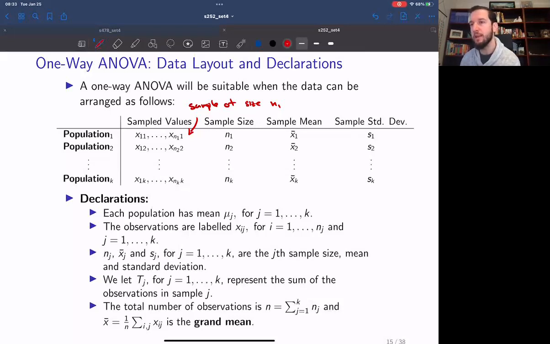Okay. We let capital TJ represent the total for the sample. So that just means that capital TJ is the sum of every single observation in the sample.